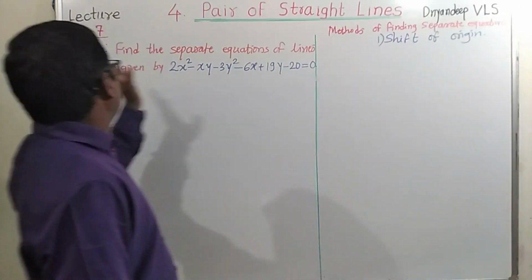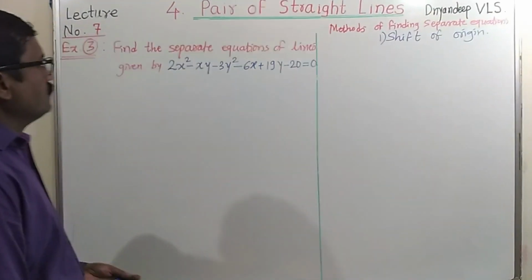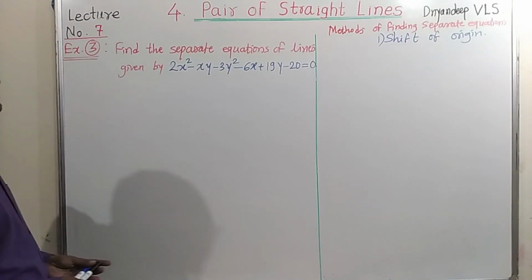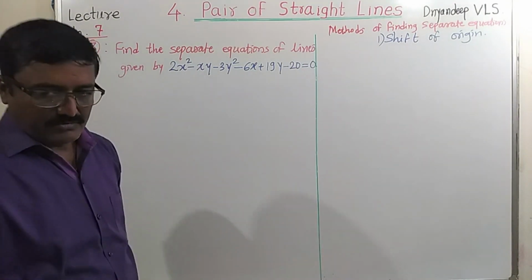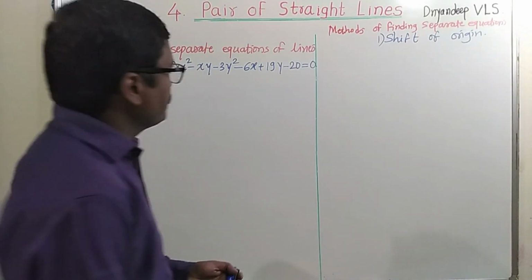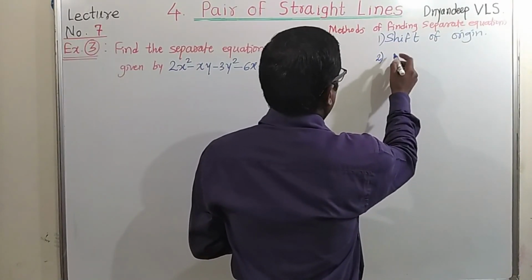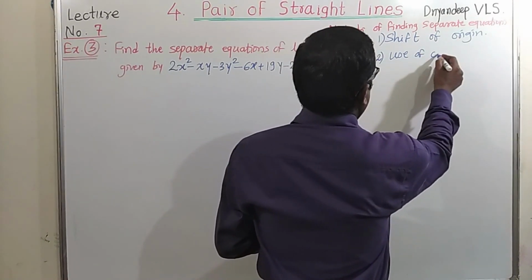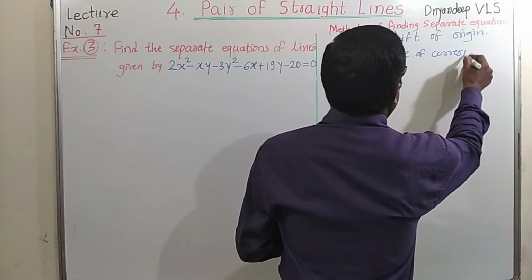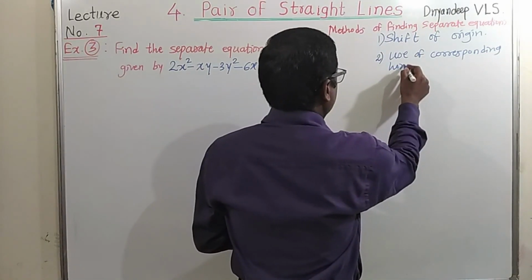In the previous example number 2 we used shift of origin. Now in this method we will use the corresponding homogeneous equation. Okay, so we will call this method use of corresponding homogeneous equation.